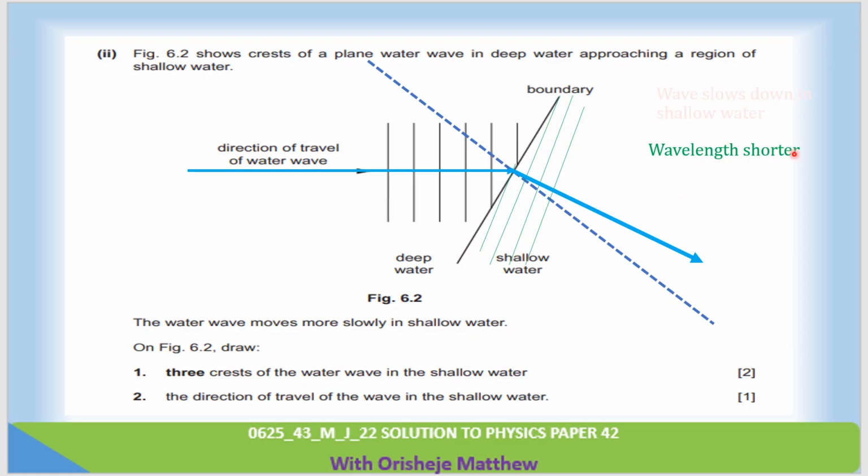So the wavelength is shorter here, and here the wavelength is longer. So that is just some 3 basic things you must know. 1, this wavefront, you must draw it, and it must be perpendicular to the direction of the refracted wave.